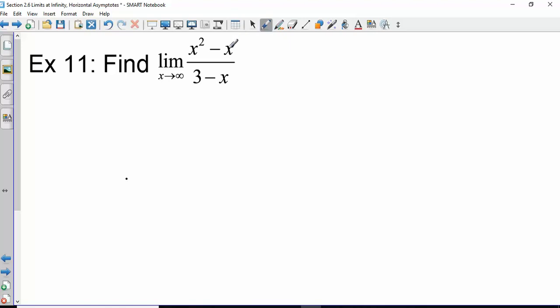When we had those fractions, we were getting infinities on top and bottom. What did we do? We divide everything by the highest power of x. What's the highest power of x here? x squared. So if I divide everything by x squared, or we can think of it as multiplying by 1 over x squared.